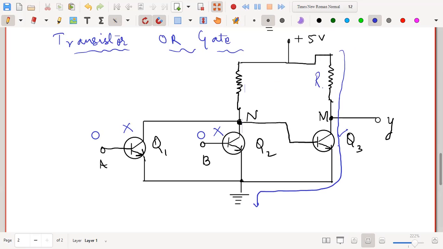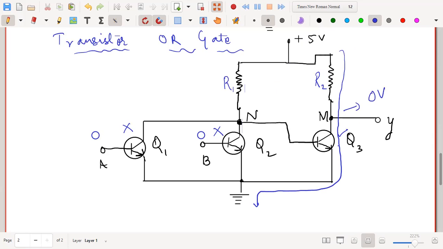Let me call this resistance R2 and this one R1. So in this case, all the voltage will be dropped across R2, and then the point M will go to zero potential. The point M will go to 0 volt because the current flows through this resistance R2 through this transistor to the ground.